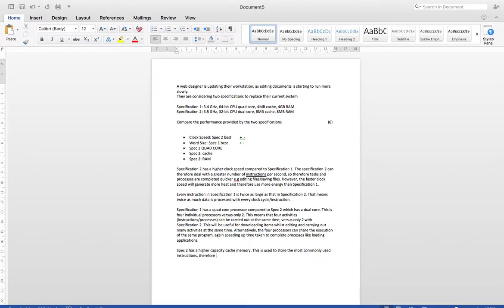Therefore, when these instructions are carried out, they are completed faster than those which have to be fetched from main memory. This means specification 2 will execute the most common instructions much faster than spec 1.